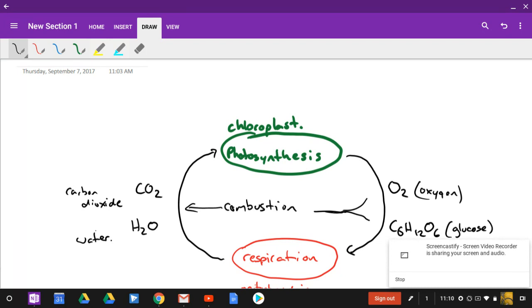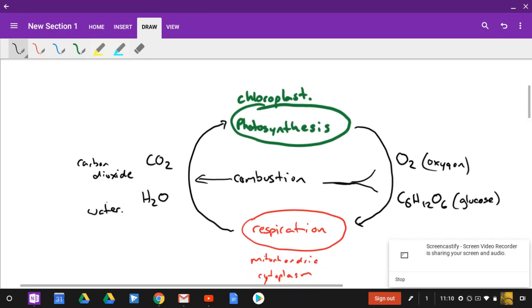And that happens anytime that we burn something. So instead of having a life process cycle these things around, we can take a living thing or a previously living thing, such as a tree or a coal, and we can burn it, and it converts the carbon and oxygen and hydrogen in that into carbon dioxide and water that goes right into the atmosphere.